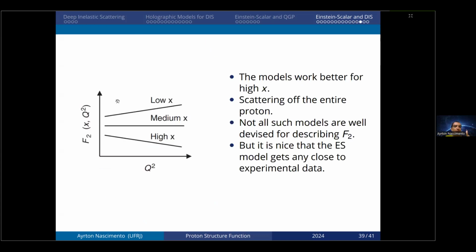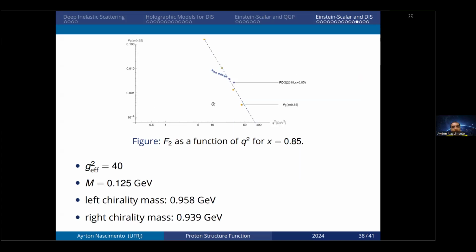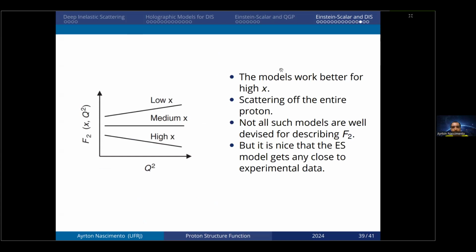So they go like this, a decreasing F2 function. The conclusion I draw is that the model worked best for 0.85, for high values of the x parameter.